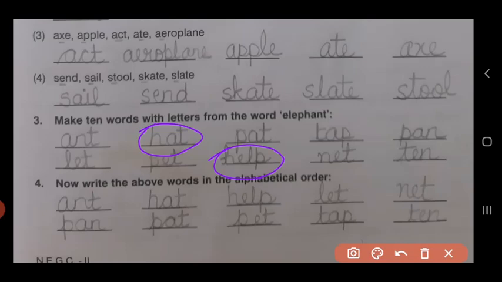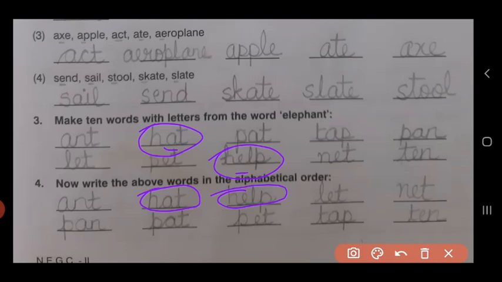I will look at the second letter. And in both these words, in hat the second letter is A and in help the second letter is E. A comes first. That means my second word will be hat and my third word will be help.